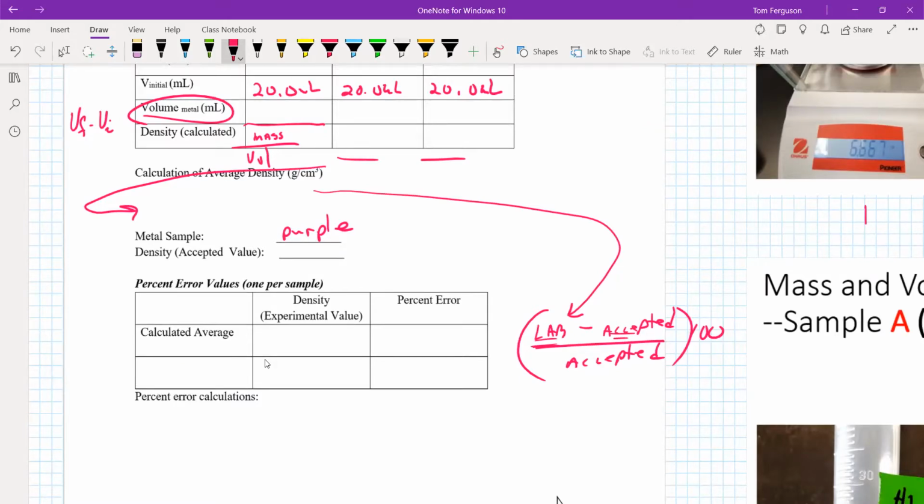And this needs to be absolute value, in other words, no negative, times 100. And that'll give you percent error.